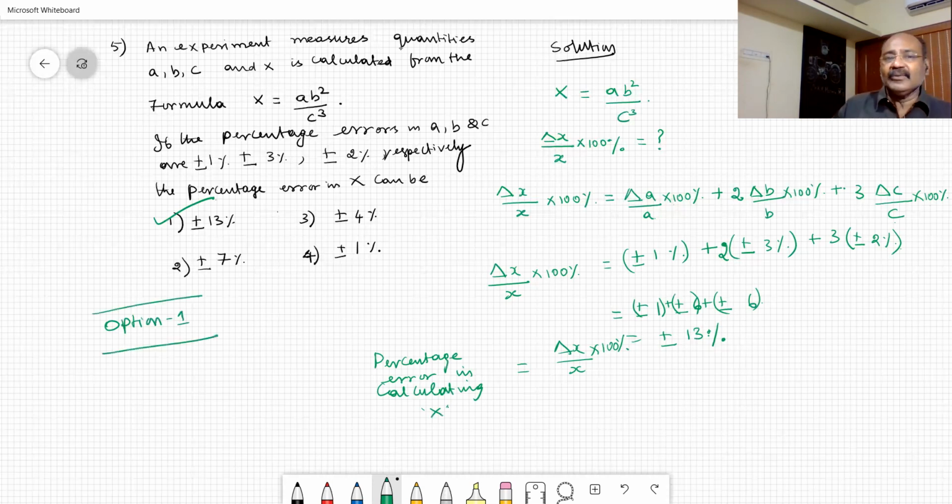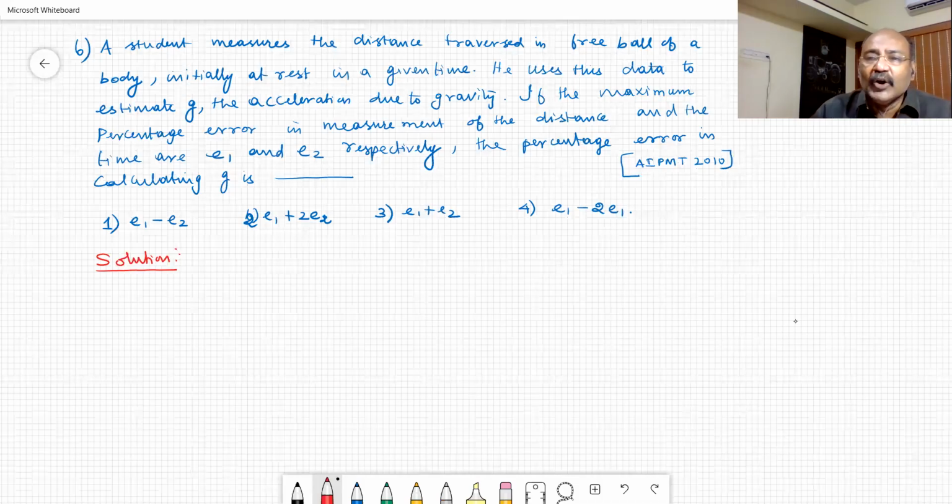Okay, now let us move on to the next question. Question number 6. Go through problem number 6 and see what is given. A student measures the distance traveled in the free fall of a body initially at rest in a given time. So in a time of t seconds, a person is observing a body which is falling freely.